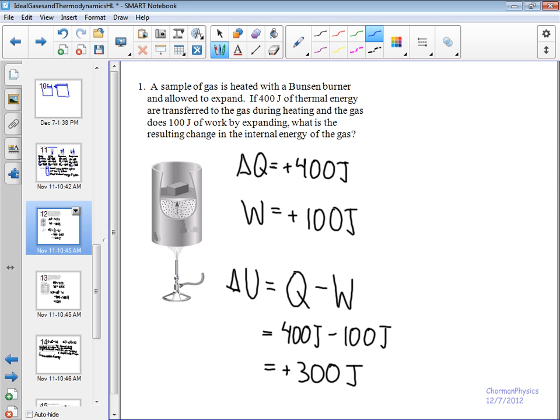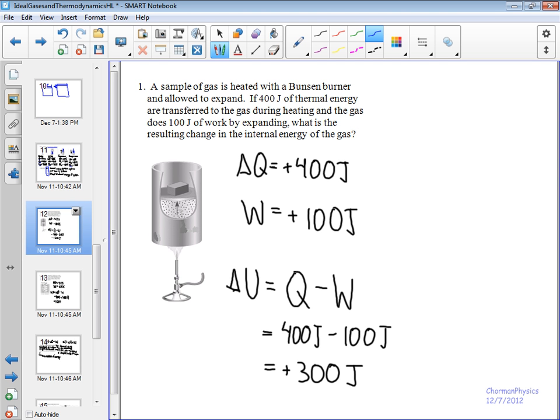All right, so let's take a look at a few examples of this. To begin with, we have a sample of gas that's heated by a Bunsen burner, and we allow this to expand. So in other words, the gas will be doing some work. If 400 joules of energy is added to this gas, and the gas does 100 joules of work by expanding, what is the resulting change in the internal energy of the gas? Well, let's consider this here.